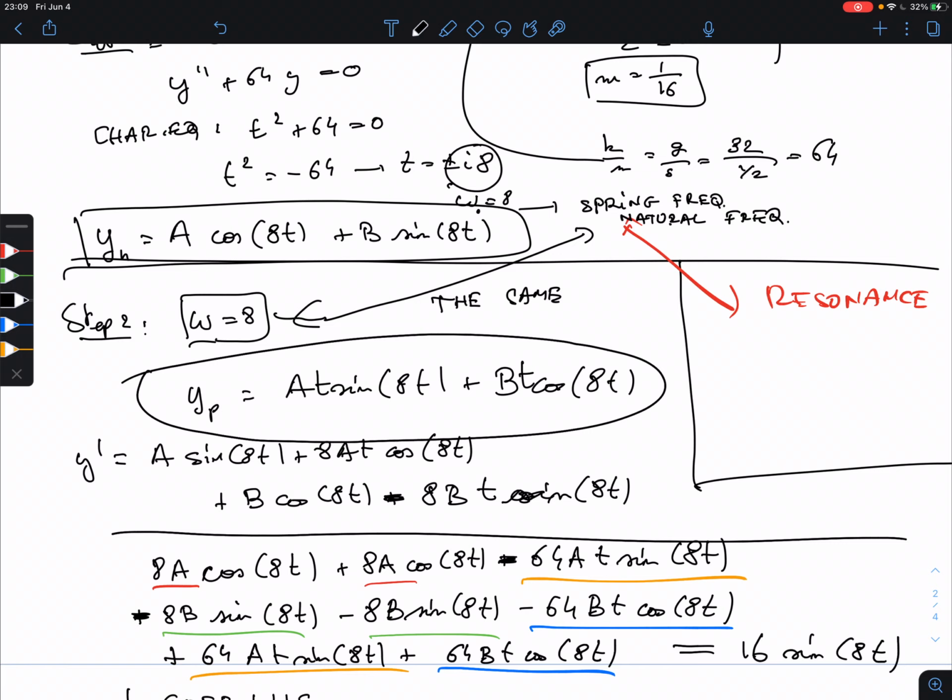Now, if they do this at different rates, I'll show you a picture right away, everything is okay. But if the frequency at which they march is exactly the natural frequency of the bridge itself, then you get resonance.